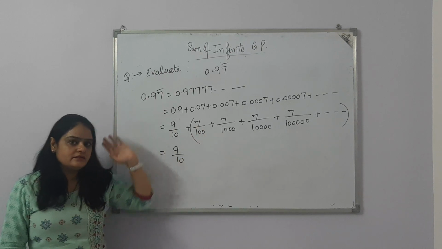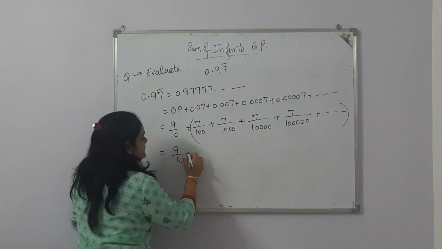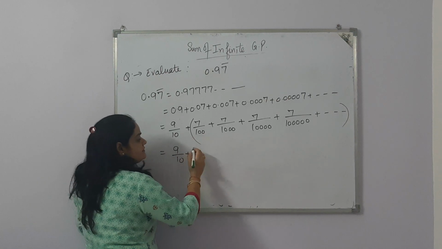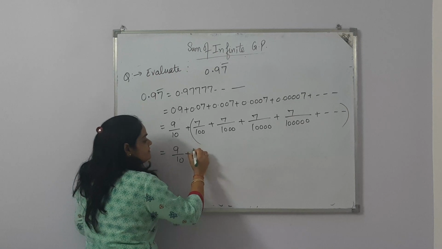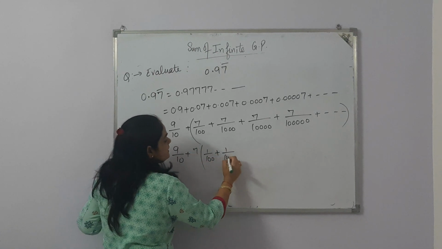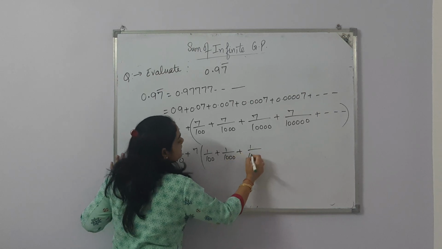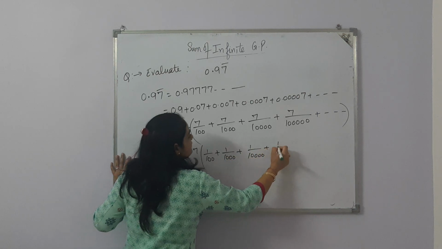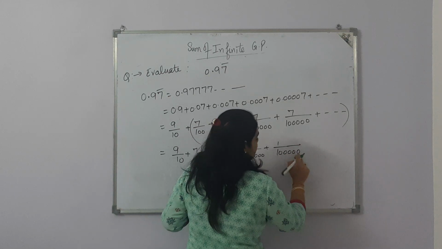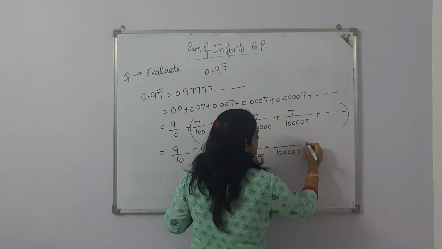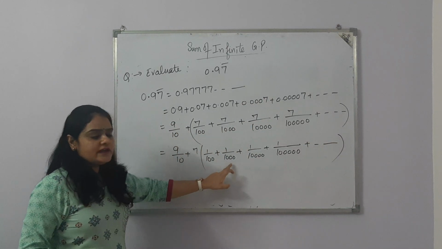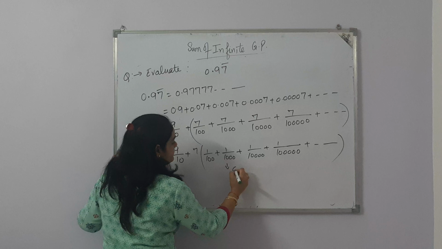You are watching that this is a special pattern series. Can we take 7 as common? So it becomes 1 by 100, 1 by 1000, 1 by 10,000, 1 by lakh, and so on up to infinity. And this is your infinite GP.